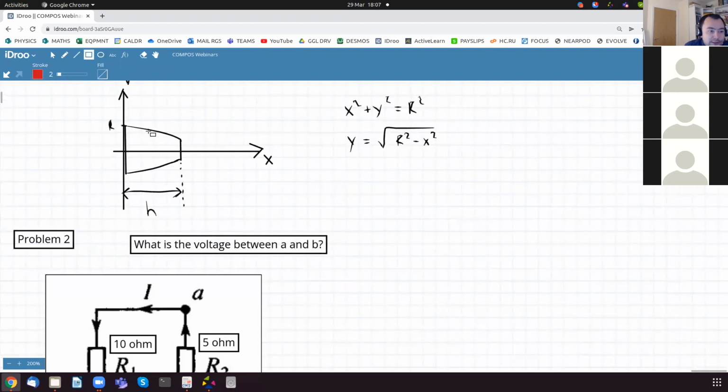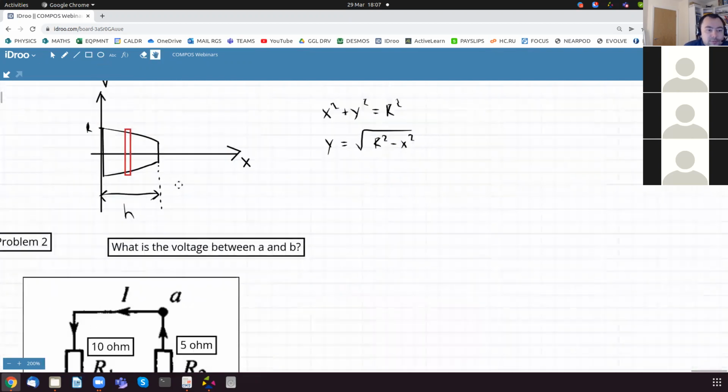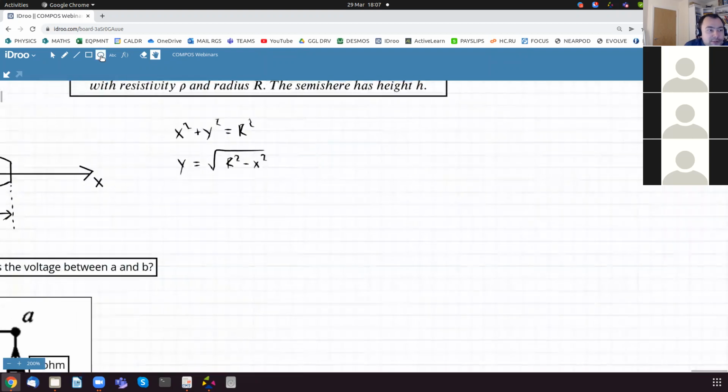So let's say we do it like this. Okay, so let's look at one of those slabs. So this is a slice of the sphere.